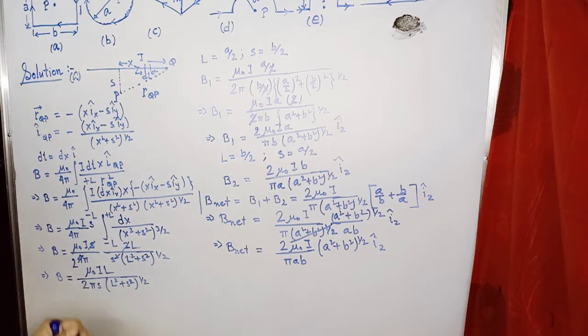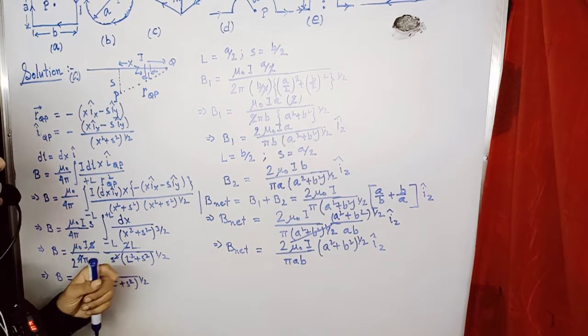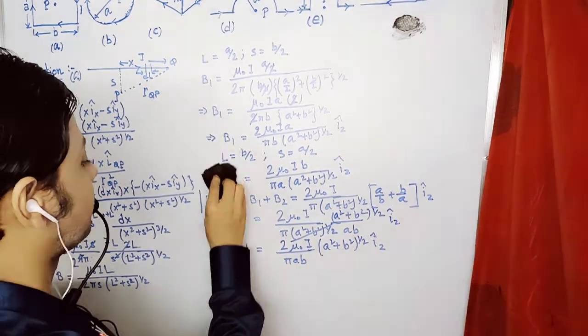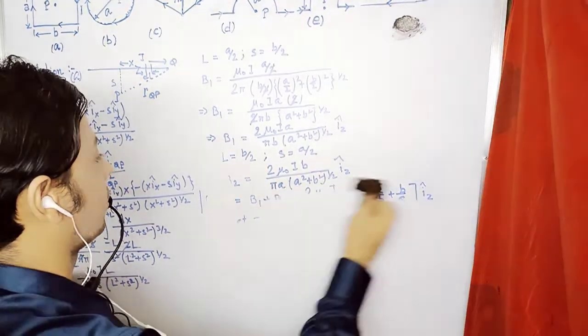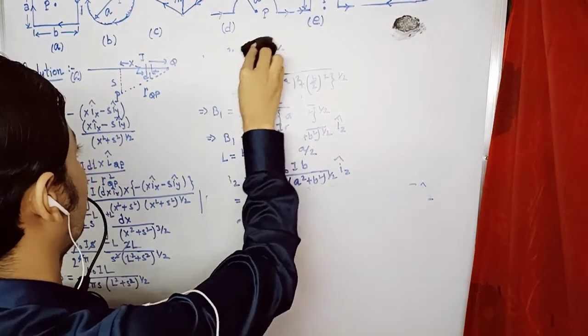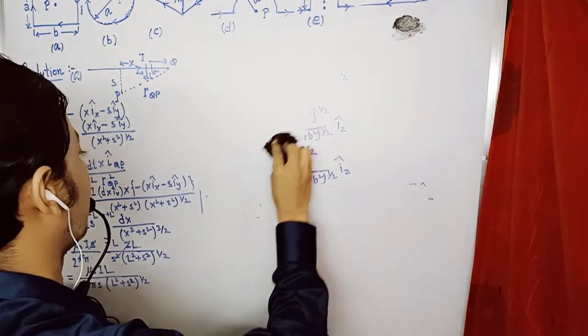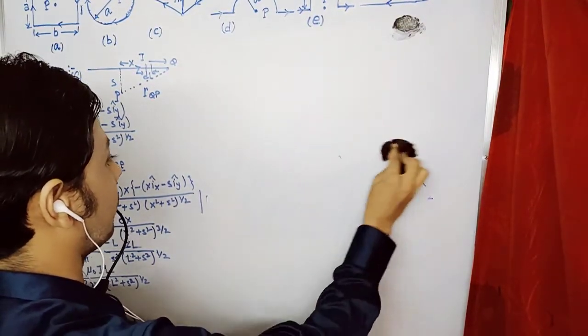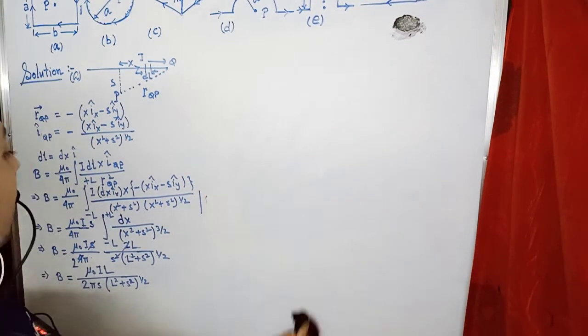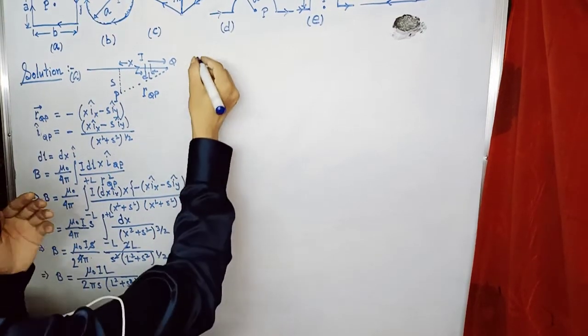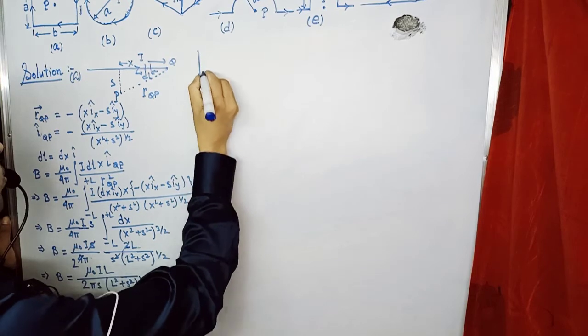Again we can solve this question in a different way also. If we want to solve this question in a different way, then we'll use the Biot-Savart formula in another form. For that, first we'll draw the rectangular loop.